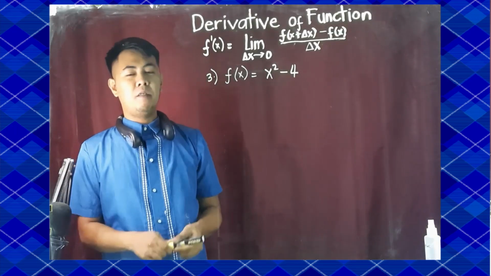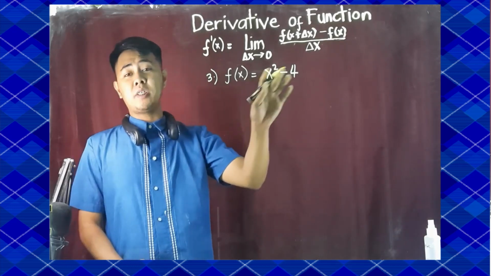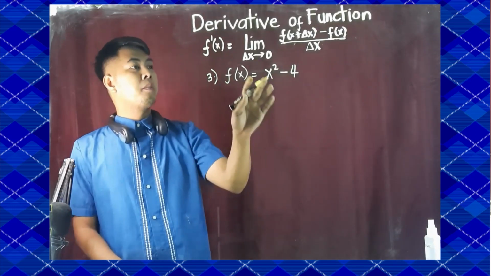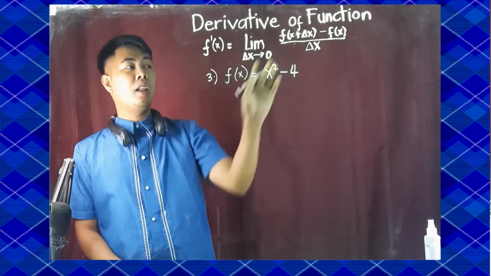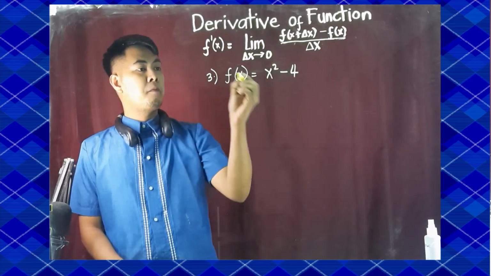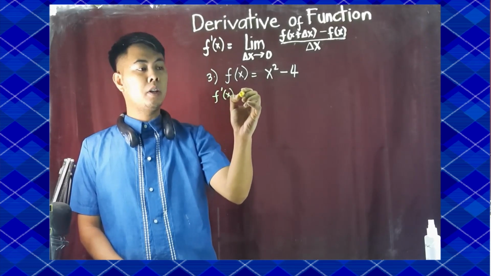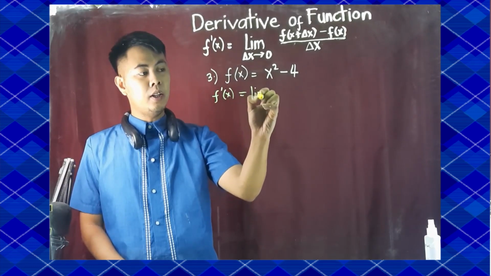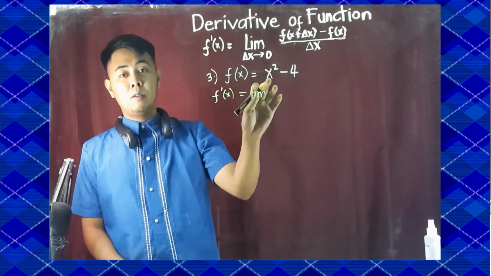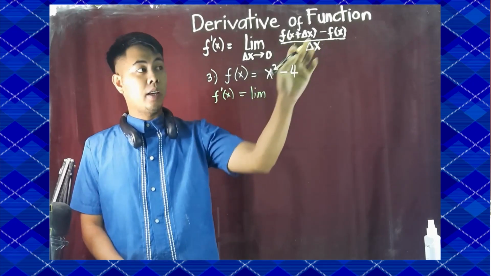Find the derivative of the function f of x is equal to x squared minus 4. So we're going to use this formula. Okay? So, first thing to do, the derivative of the function, we're going to take the limit where x will become x plus delta x.